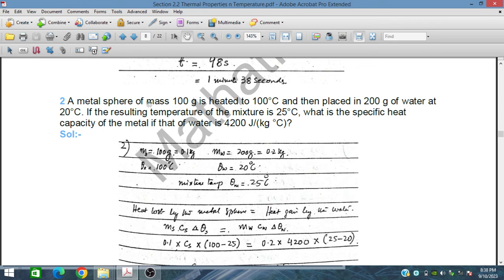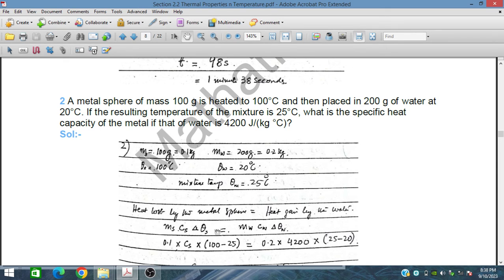After inserting the metal sphere into the water, the mixture temperature is 25 Celsius. The metal is heated and inserted into the water, so the metal sphere will lose heat and the water will gain heat.